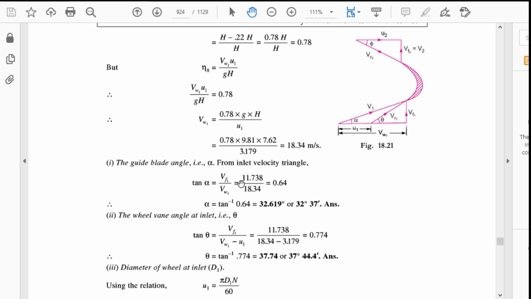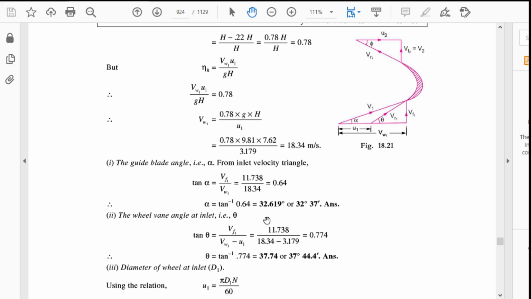The inverse of this will give you alpha, which equals 32 degrees 37 minutes. This is the guide blade angle at inlet.